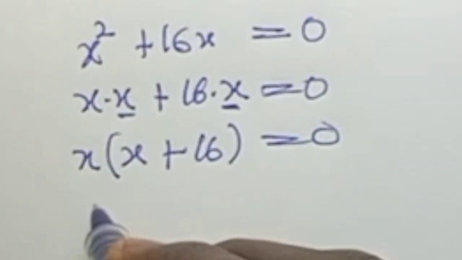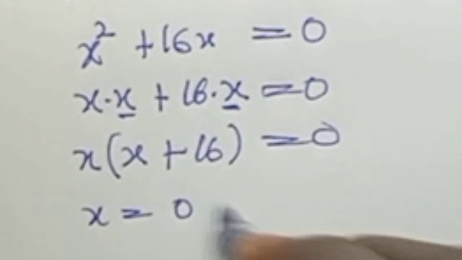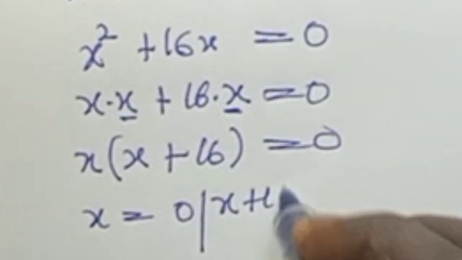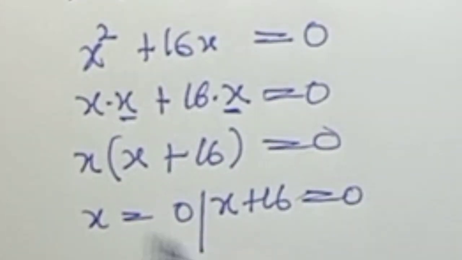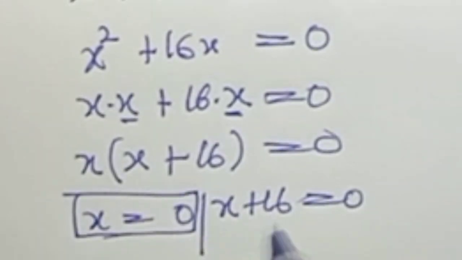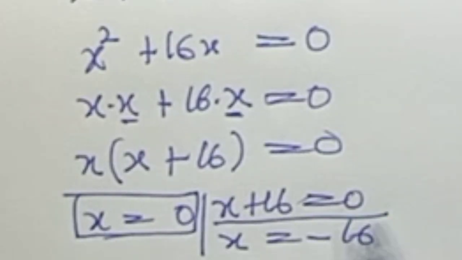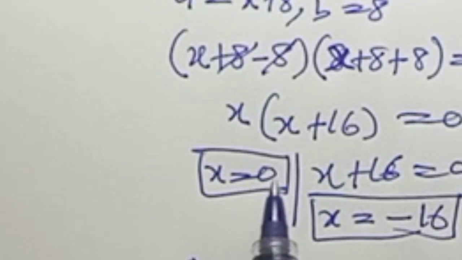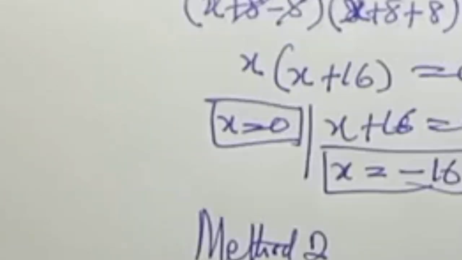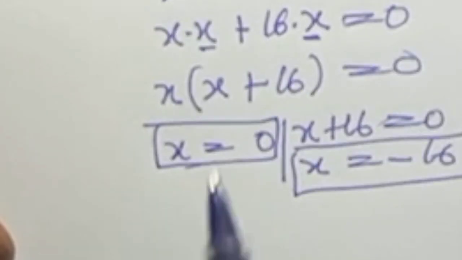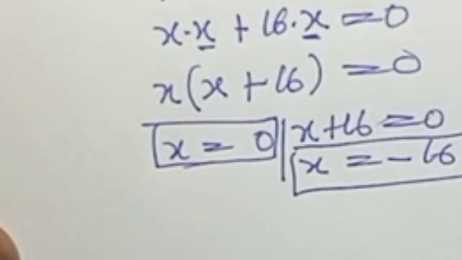So here, either x is equal to 0 or x + 16 is equal to 0. Of course, x is equal to 0 and x is equal to −16. And this is the second value for the second method. So in the first method, we had x equals 0 and x equals −16. And also in the second method, x is equal to 0 and x equals −16.